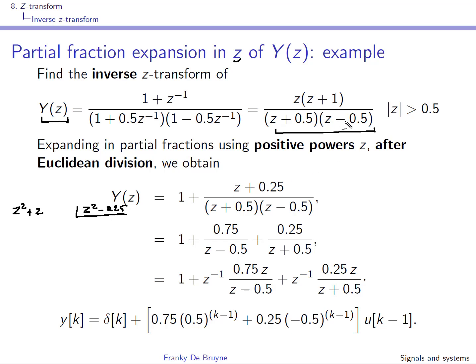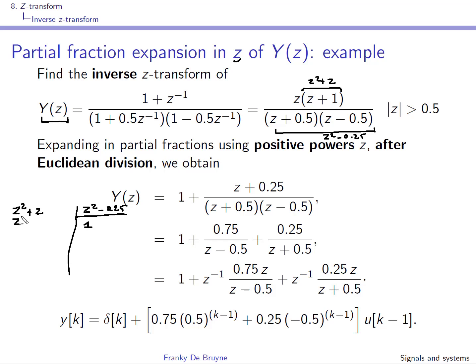Okay, so if you multiply these two, you'll have z squared minus 0.25, and here if you multiply, you have z squared plus z. So this is why we divide like this. This polynomial times this one time will produce z squared also, so that's okay.